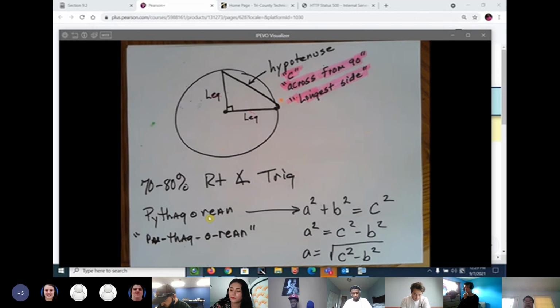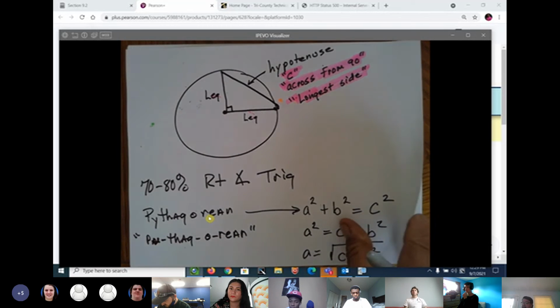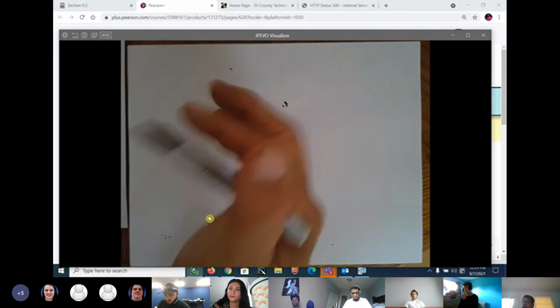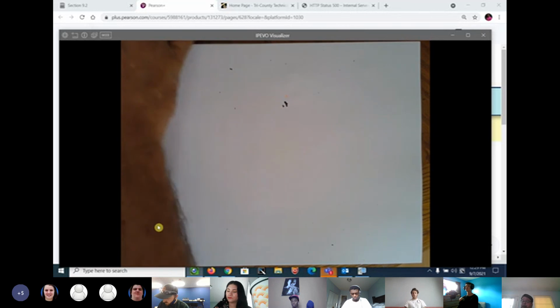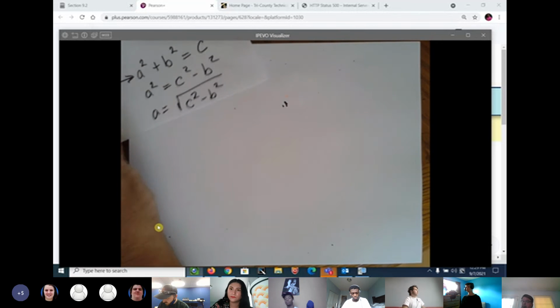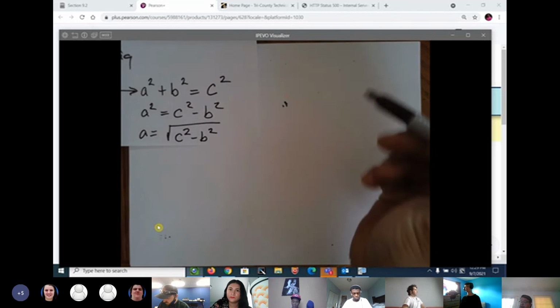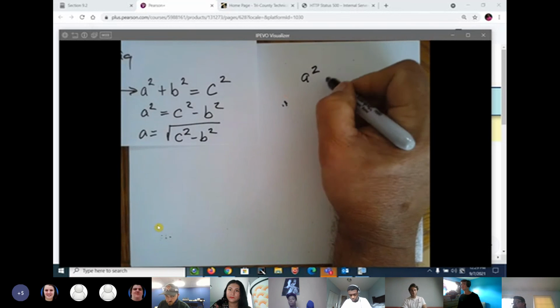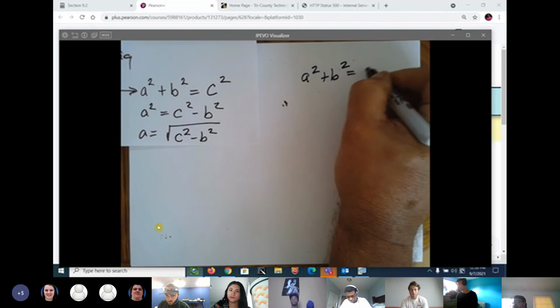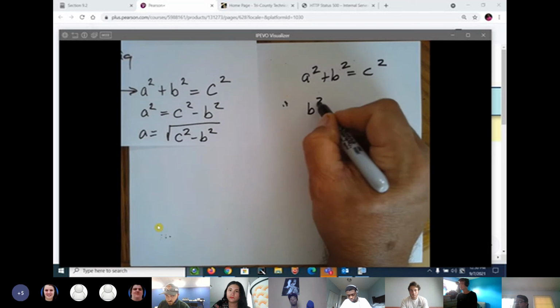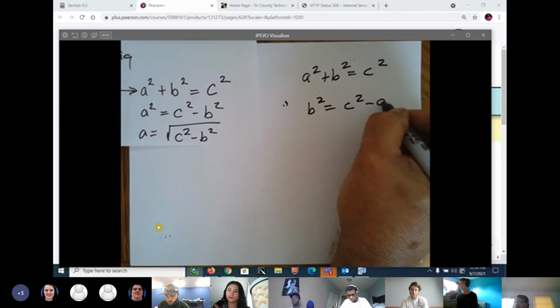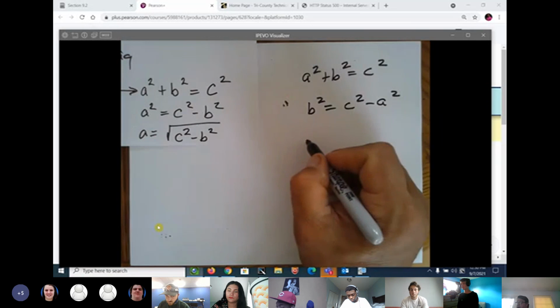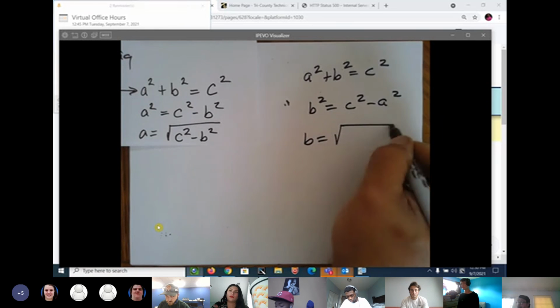And you need to be able to do those. If I wanted to solve for b, a squared plus b squared is equal to c squared. B squared is equal to c squared minus a squared. B is equal to the square root of c squared minus a squared.